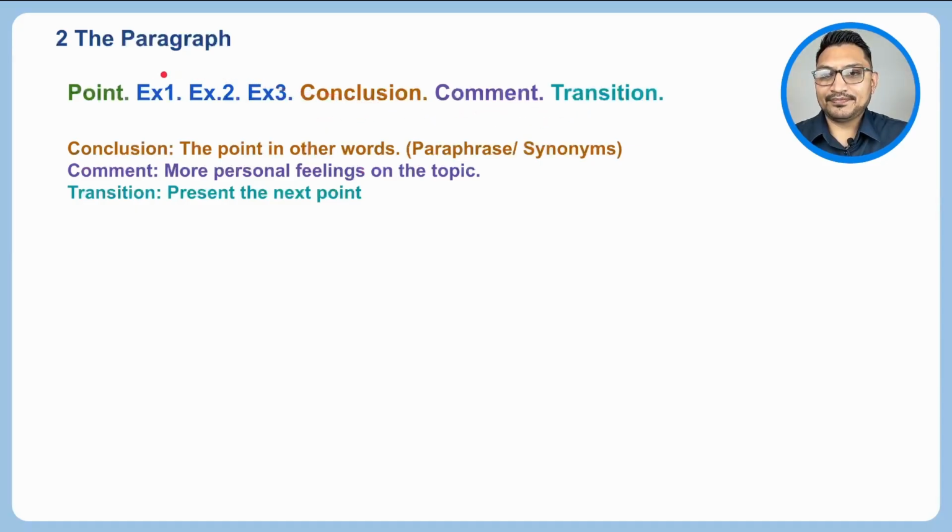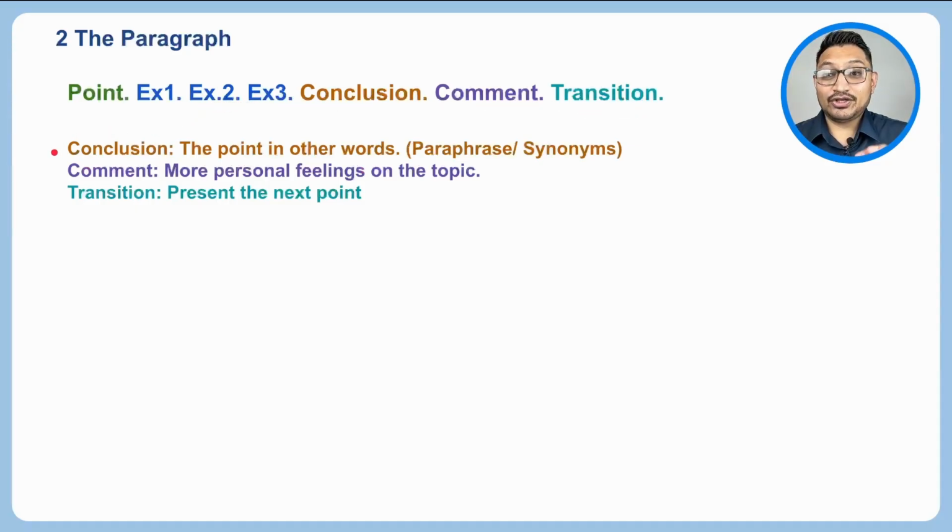Very quickly, the point is the principal idea, and the 3 examples are sentences, separate sentences that present each one of the supporting ideas or examples you planned. But then we have 3 new elements: the conclusion, the comment, and the transition.